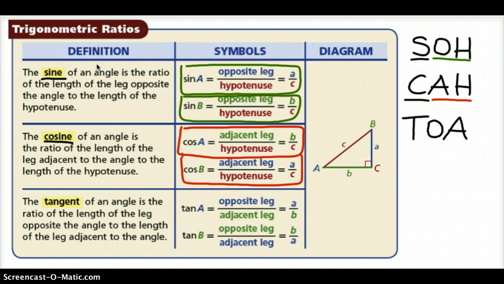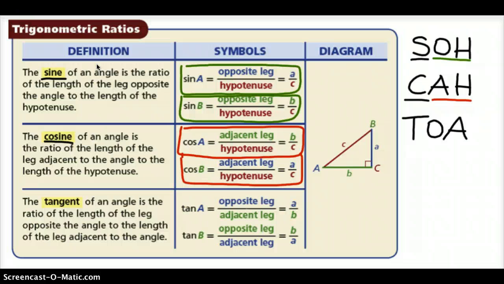That's going to be connected to the specific vertex that we're talking about. So the side that's adjacent to A is going to be B, and the hypotenuse is still C. So B over C is what we get. And for the cosine of B, the side that's adjacent to B, again, can't be the hypotenuse. The adjacent leg is A, and the hypotenuse is still C, so A over C is what we get.